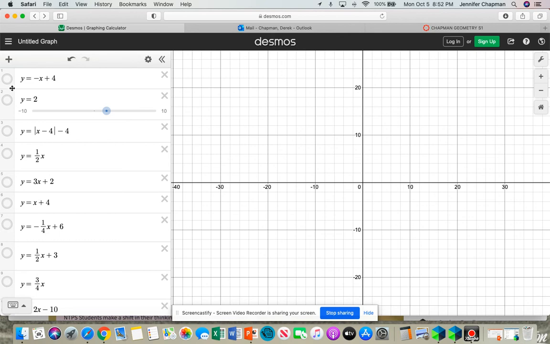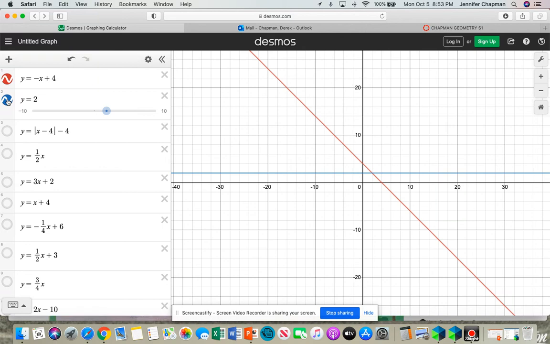So essentially what I'm showing you right now on my screen is problem number 9. Remember what I talked about: negative x plus 4 equals 2, right? That's essentially 2 separate functions, and they merged them into one equation. So don't think about that as one equation where you have to solve it.